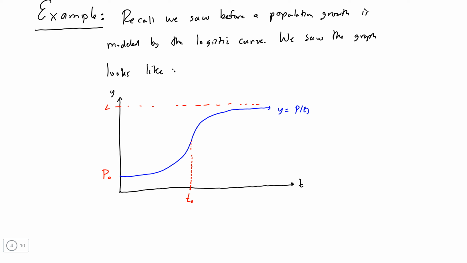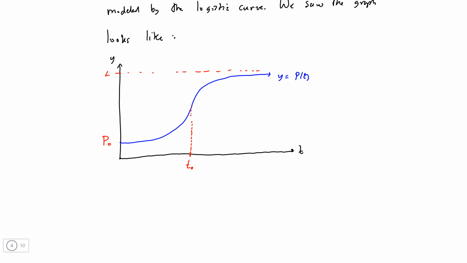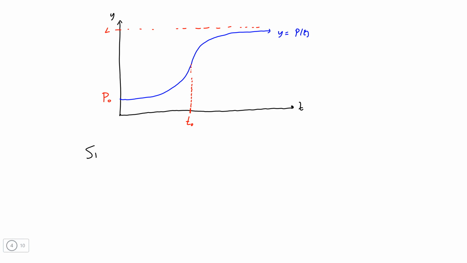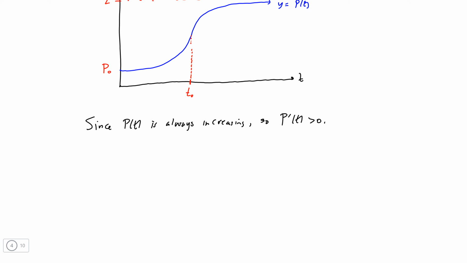We gave this t0 before, but we didn't really say much about what this is. So let's look at the graph and the geometry a bit for this. We know that this is always increasing, so that means its derivative is always positive. Now we can look at the graph and see that up until t0 it's concave up, and after that it's concave down.